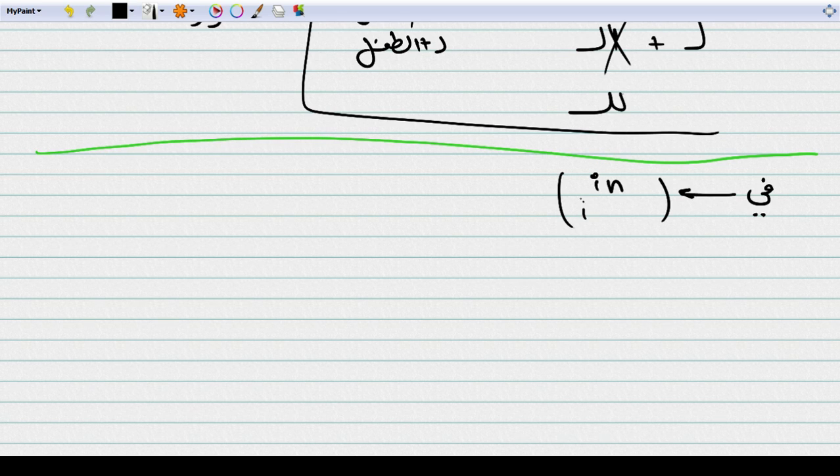Whenever something is physically inside, that's when we say fi. It also means inside a period of time. So whenever something is inside something, you use في. For example, if you want to say that I am inside the house, so I'm in the house, you say أنا في البيت.